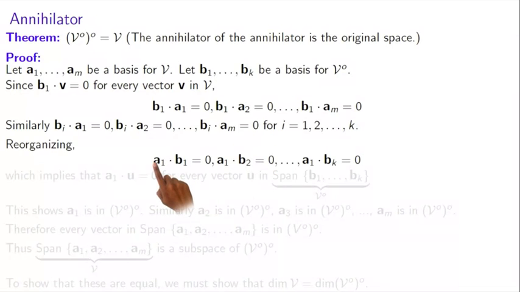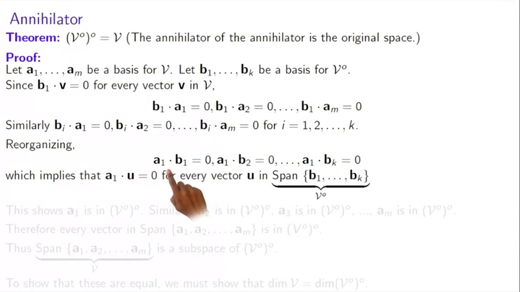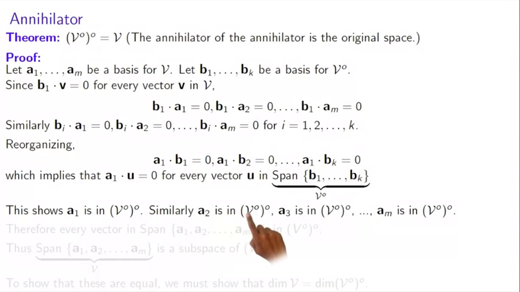Now, since A1 has a zero dot product with B1 through BK, it follows that A1 has a zero dot product with every vector in the span of B1 through BK. We chose B1 through BK to be a basis for the annihilator of big V. So we see that A1 has a zero dot product with every vector in the annihilator of big V. This shows that A1 is in the annihilator of the annihilator of big V. Similarly, A2 is in it, and so on.